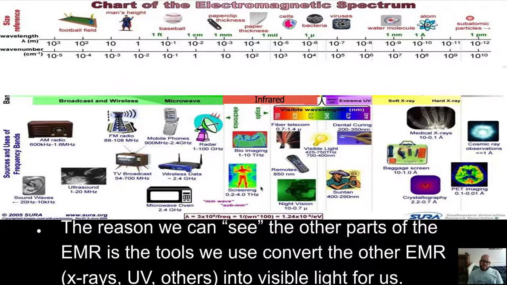But as soon as we got the infrared camera over there, we were able to see, quote unquote, the infrared light. And so what the camera did was convert the infrared information, infrared light, into visible light, into these colors that we could see, so that we can then see the infrared light. Because all we can see is the visible, from the red to the violet. Everything else we can't see, so we have to use tools like X-ray machines to convert X-rays into visible light so we can see them.